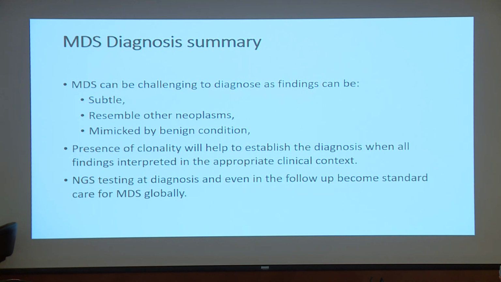So, the MDS diagnosis summary. MDS can be challenging to diagnose as findings can be subtle, resemble other neoplasms, and be mimicked by benign conditions. Presence of clonality helps establish the diagnosis when all findings are interpreted in the appropriate clinical context. So please, never read an NGS report without integrating it with the other tests.